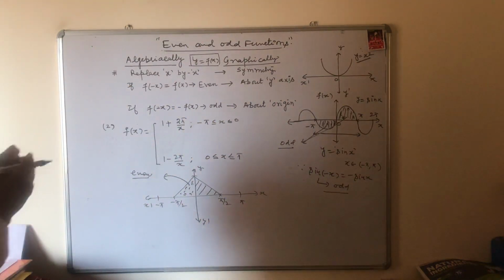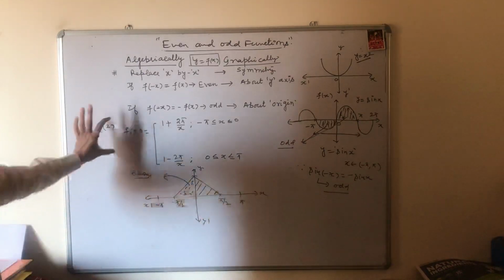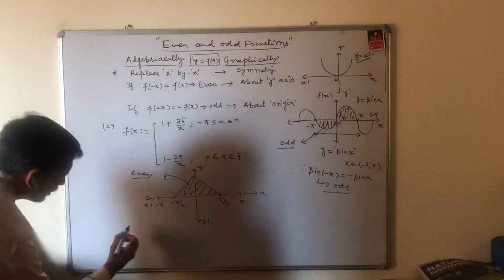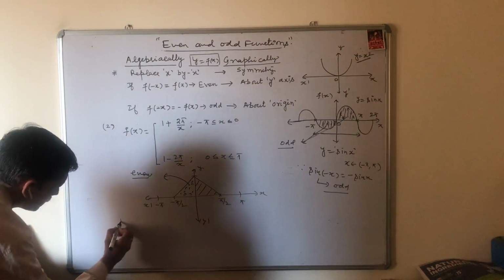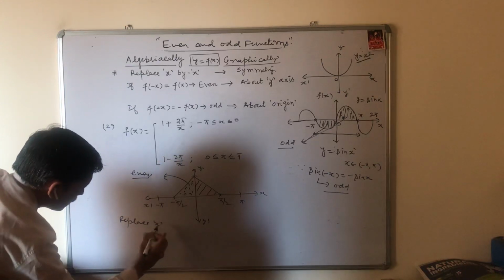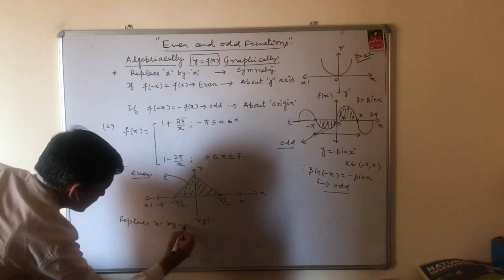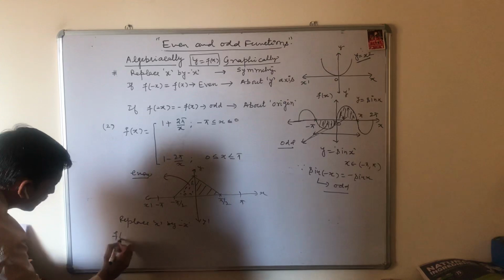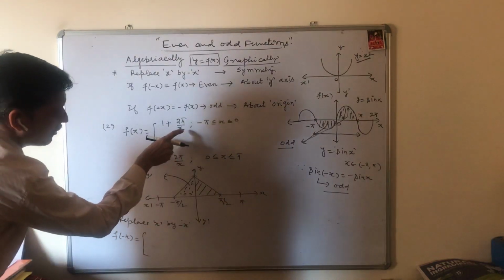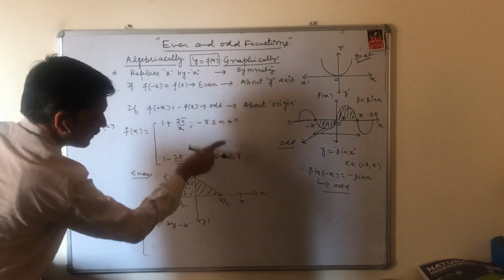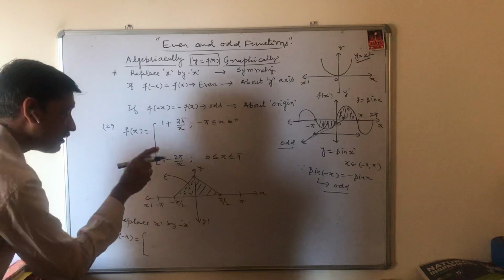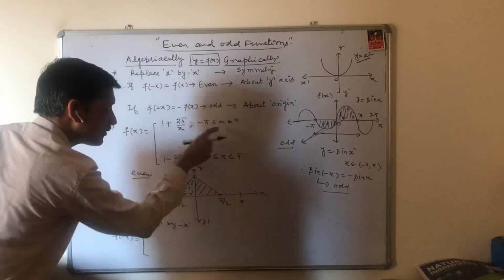Now, how to prove algebraically whether this function is even or odd? Replace x by minus x. Everywhere where x is written, we should replace x by minus x. Please be careful.